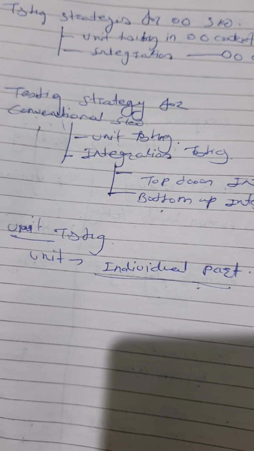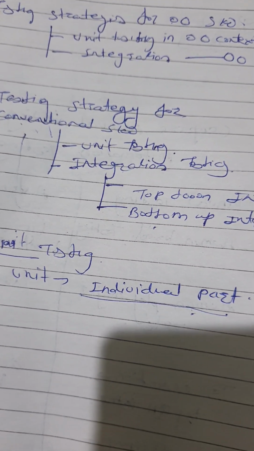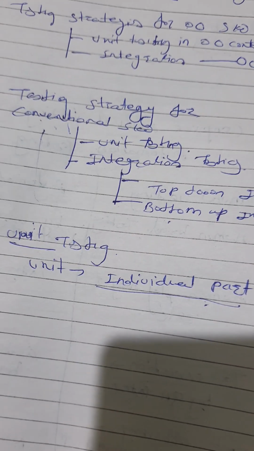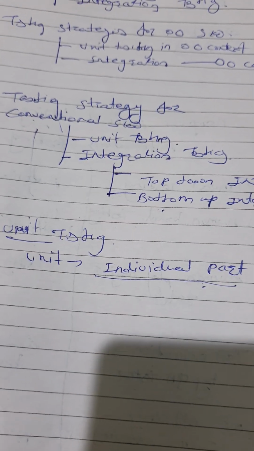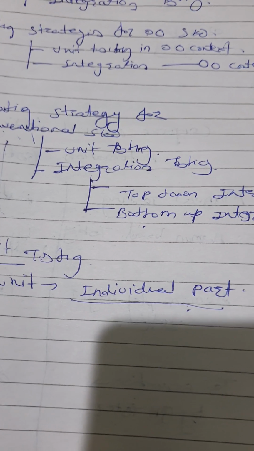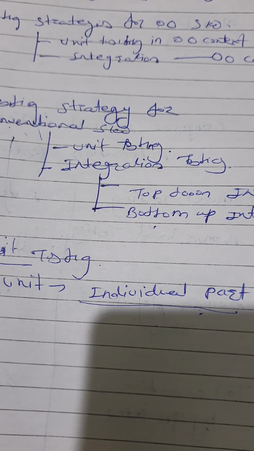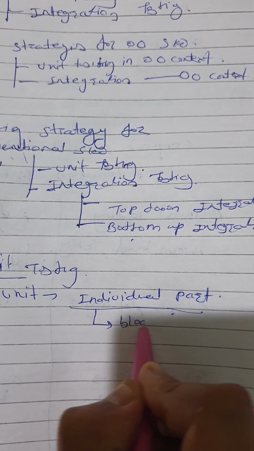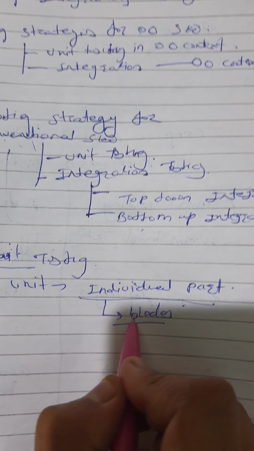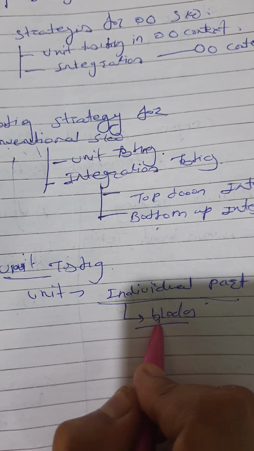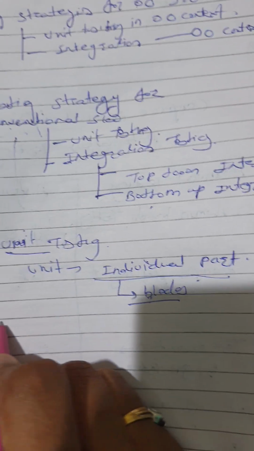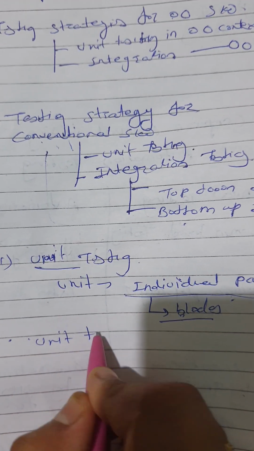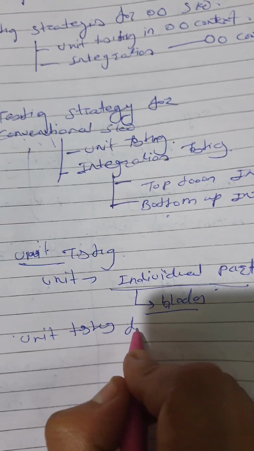Unit testing is performed on a single or smallest part of software. Unit testing is used to check individual blocks, and these individual blocks are one type of unit. And who performs unit testing? Unit testing is done by the developer.